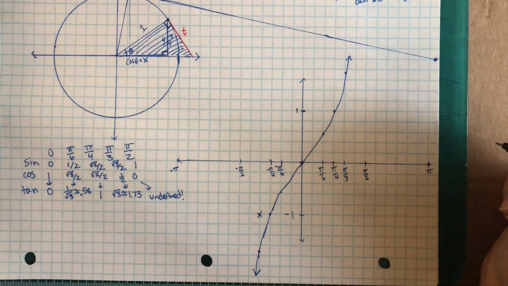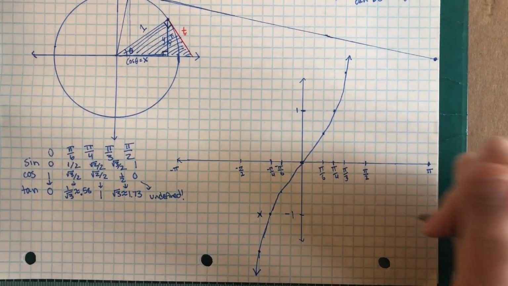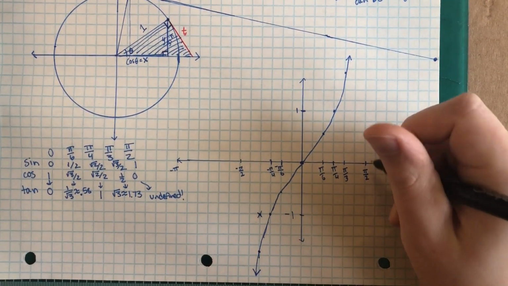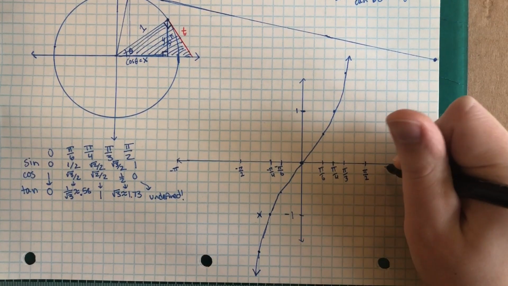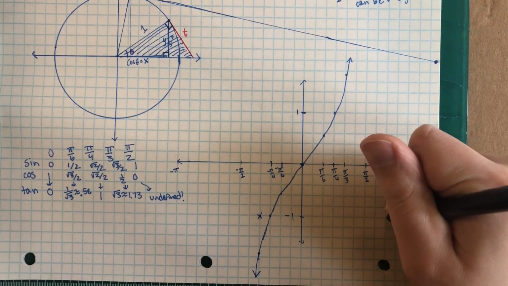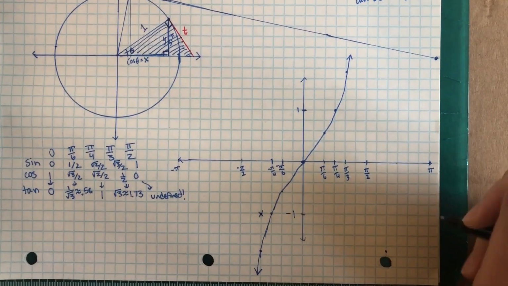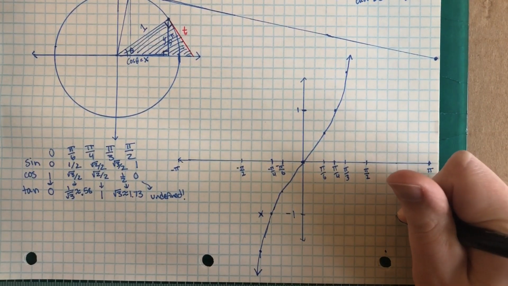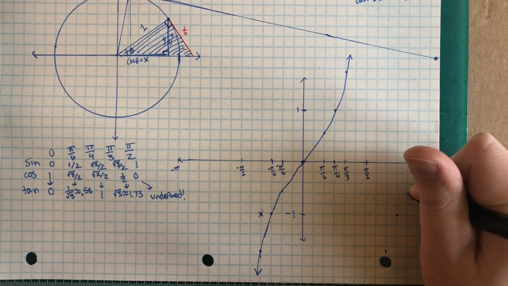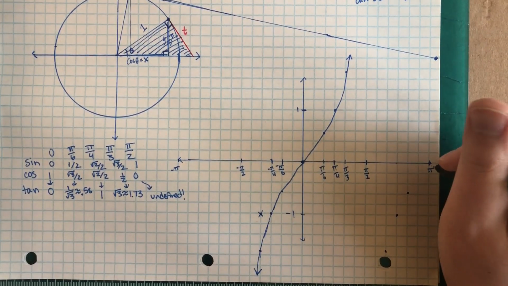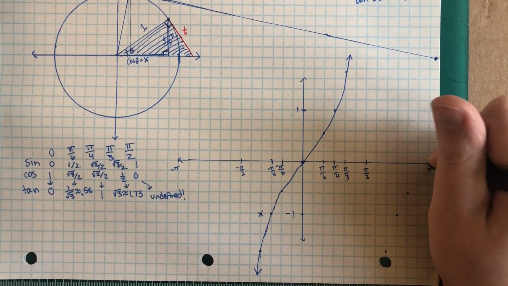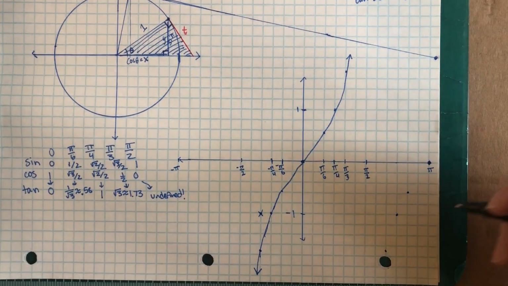So it turns out that we are going to get this negative 1.73 again, negative 1, negative 0.58, and then we would get 0 again at pi.